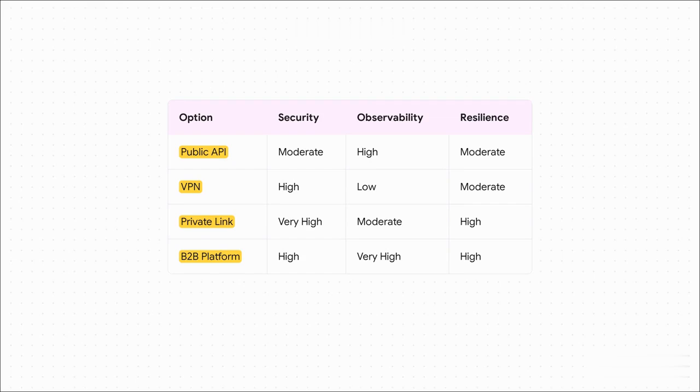A public API, for example, is super easy to observe, but its security is just moderate. A VPN is highly secure, but it can be a total black box, which makes it a nightmare to monitor. But then you look at Private Link and the B2B platform, and whoa, they start to stand out, scoring high across the board, especially where it really counts for Titan Corp: security and resilience.